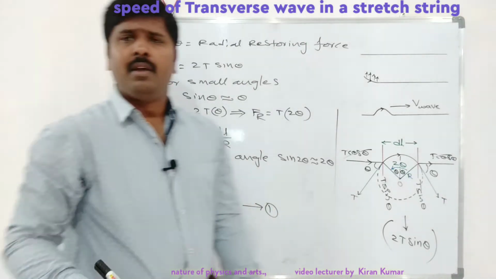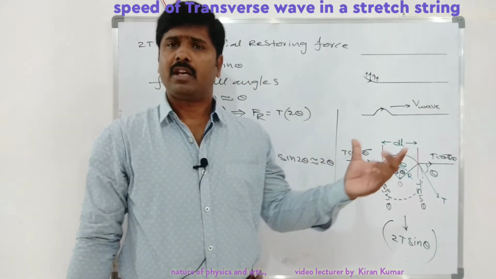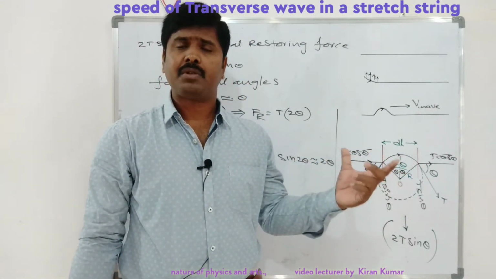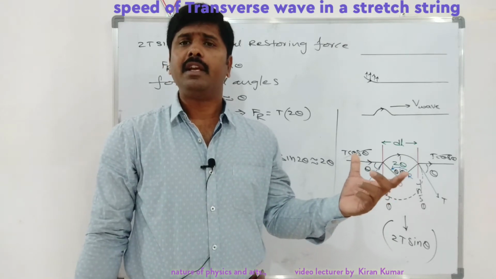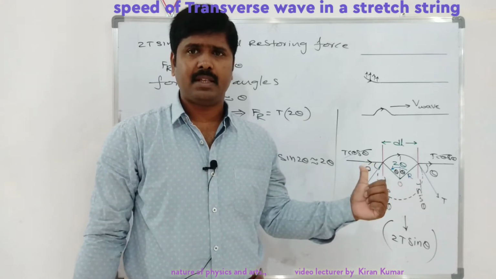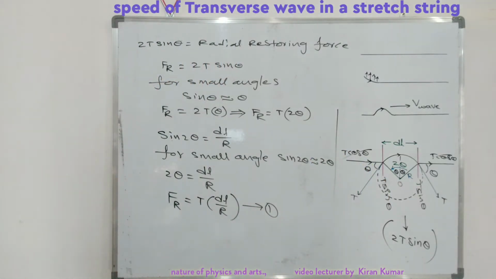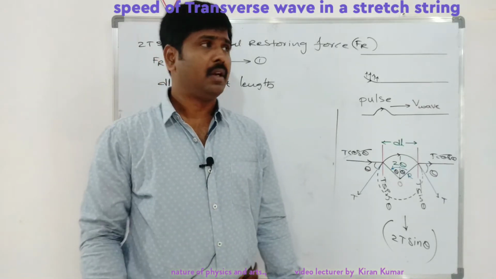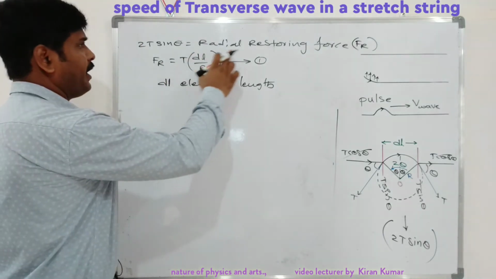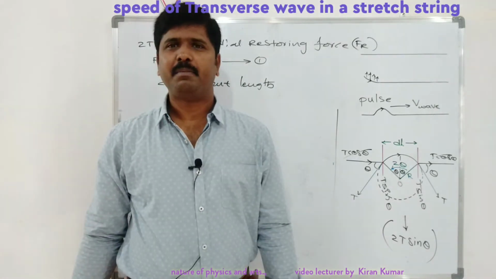Here dl is the element length and the corresponding mass is dm. So we can consider the linear mass density. Please copy this. Here we got the relation, that is the radial restoring force Fr is equal to T into dl divided by r.